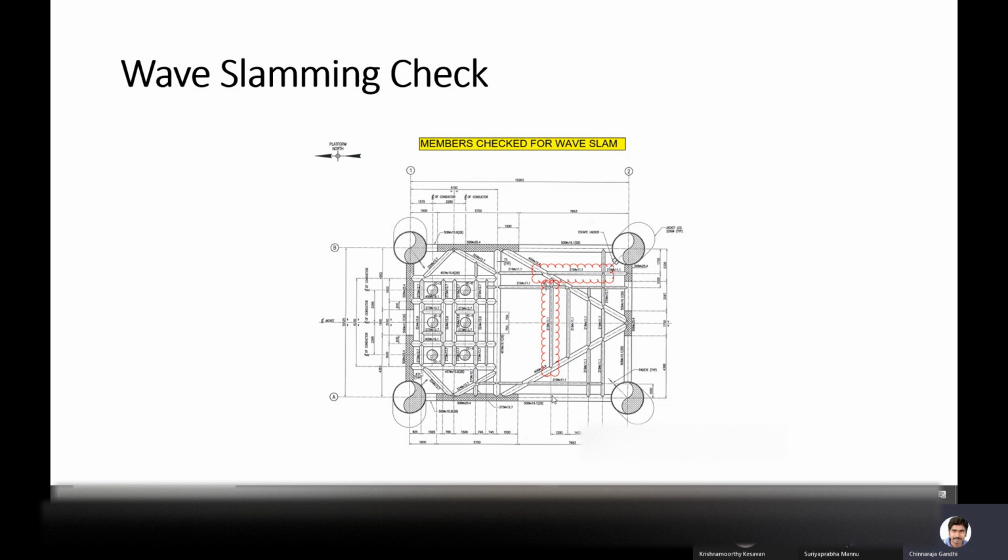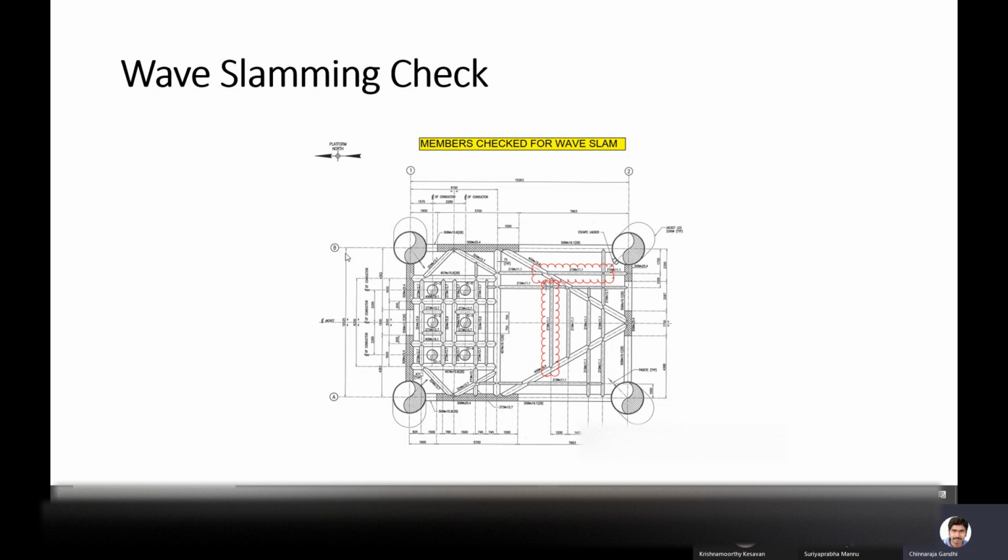If it is 0.99 and you add the wave slam forces over here and check the UC, definitely it will be more than 1. For that, from the in-place result, the spacing, and the length of the member, all those things we have to consider in our engineering judgment. We conclude, this one is okay, this one need not be checked.